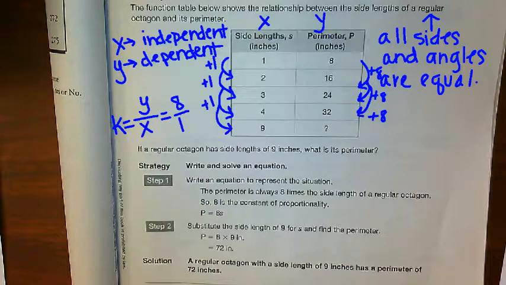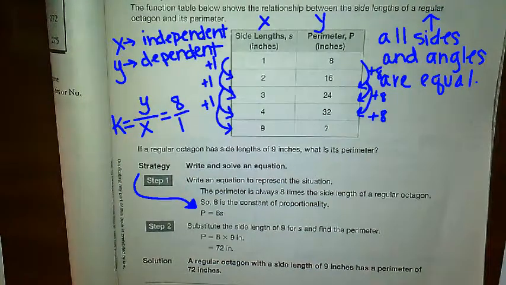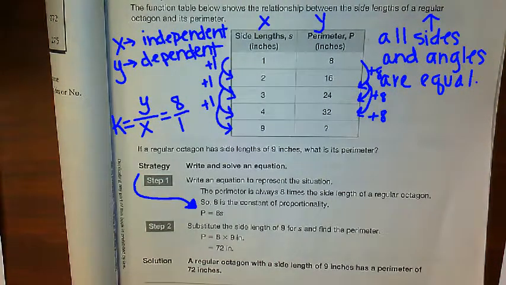If you look down here, that's actually the equation of how to find the perimeter, but it assumes that you know how to figure this out. The background behind all of this is the constant of proportionality, y over x. Using this table, we can figure out what the equation is, which is P equals 8S.